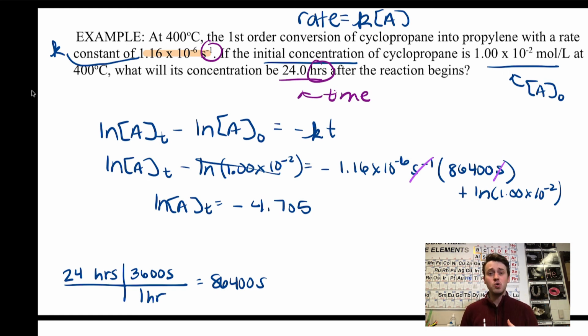Now we're trying to find the concentration of A. Those of you who are in pre-calculus should already be able to do this, and those in Algebra 2, you may be there, you may not. But to find what's inside of a natural log, I have to use e.